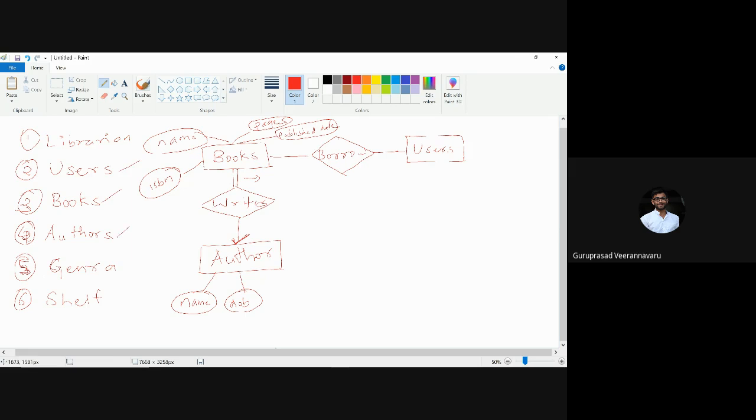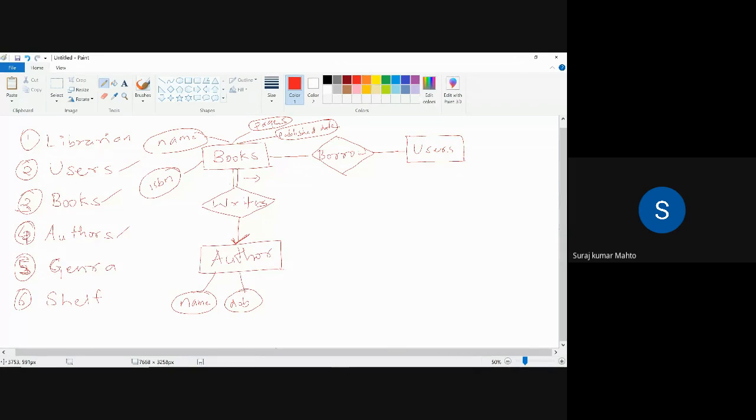Genre. So the user can borrow more than one book. So there should be a relation like one to many. So a user can borrow any number of books, right? So it is not one to many, it is many to many. It is like saying a user can not only borrow one book, he can borrow more than one book, or he may not borrow also, no?